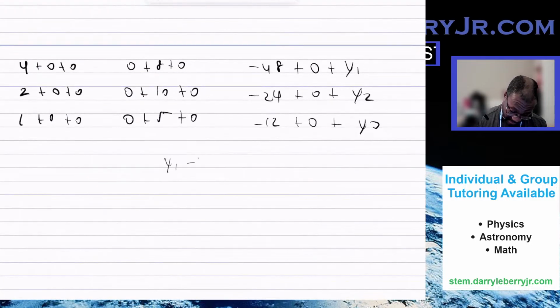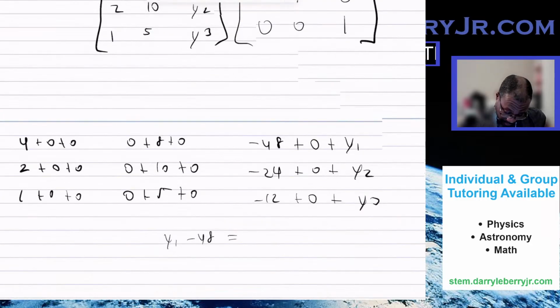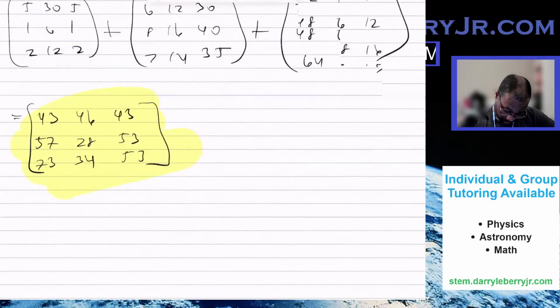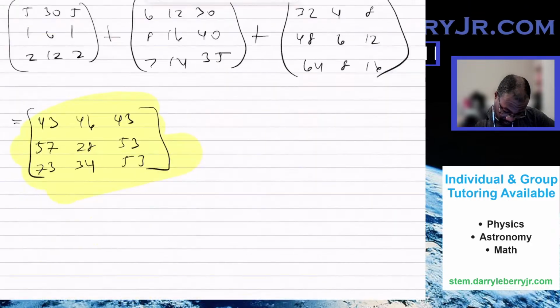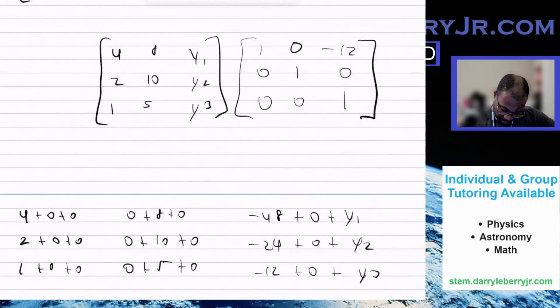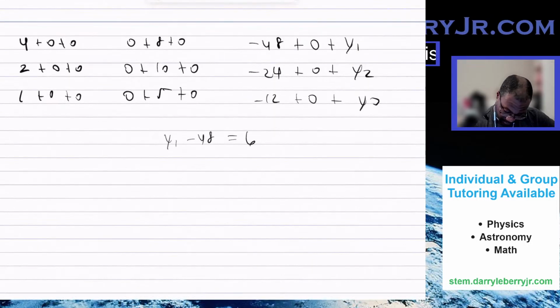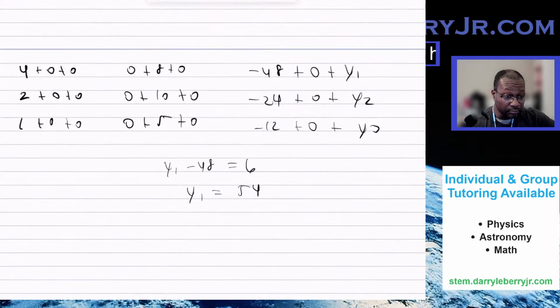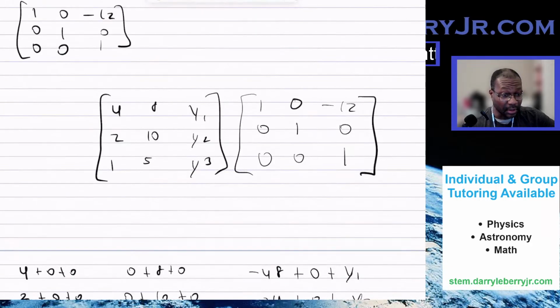So y1 minus 48 equals 6. So y1 equals 54. That's what I have. Oh my gosh, I forgot my negative on my 12. That's what I did.